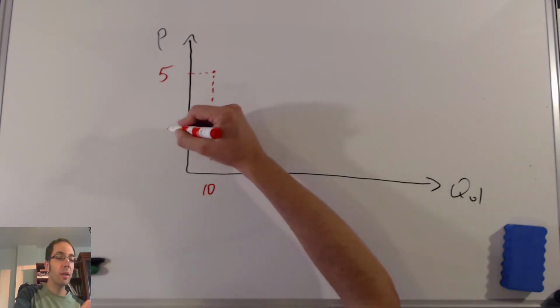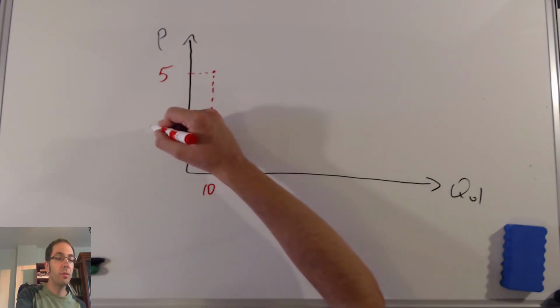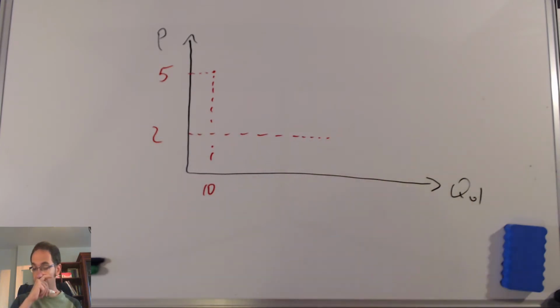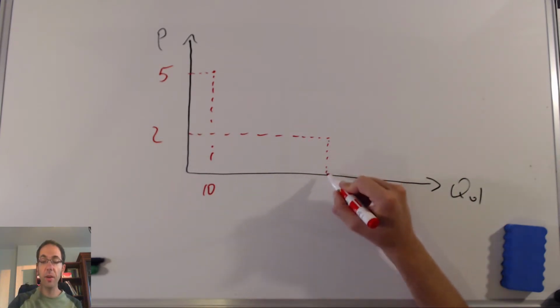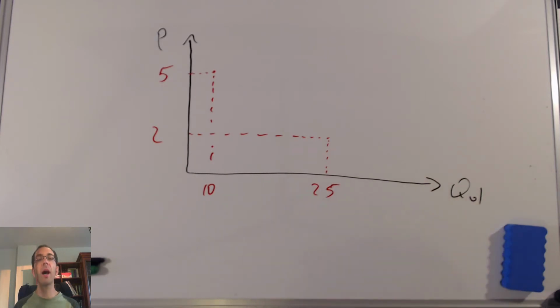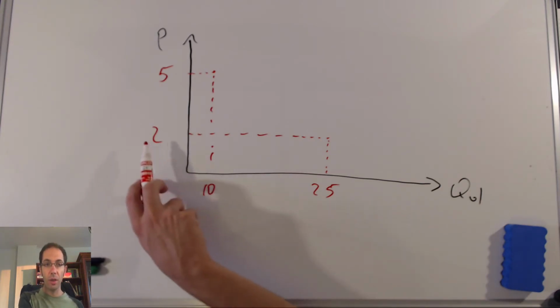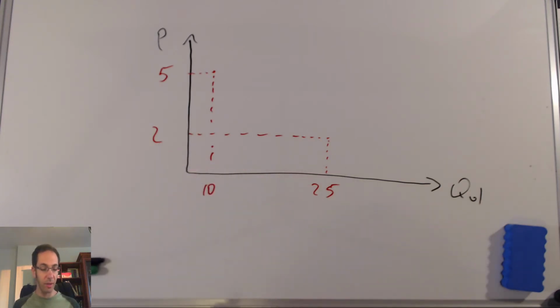If we lower the price to, let's say, $2, we actually find out that 25 people buy ice cream from us. Now, these numbers are obviously totally arbitrary, I just made them up, but we want to notice the relationship. With high prices, we're going to have low quantity demanded. With lower prices, we're going to have higher quantity demanded.